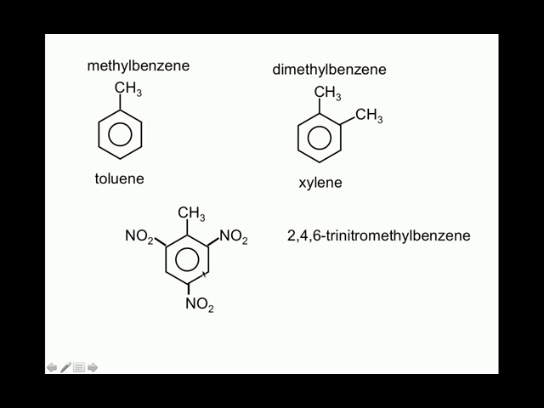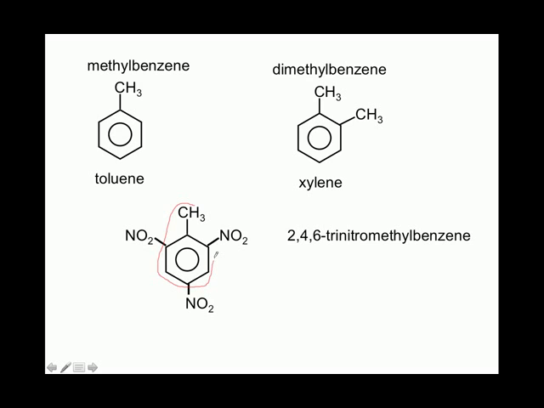Well, because no matter where it is in here, it's in the same place, because it's between 2 nitro groups, no matter where we put it. So that's why they didn't bother saying the 1. So that's 1, that's 2, that's 4, and that's 6. So 2,4,6-trinitromethylbenzene.